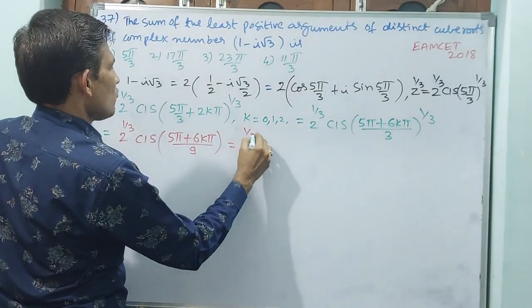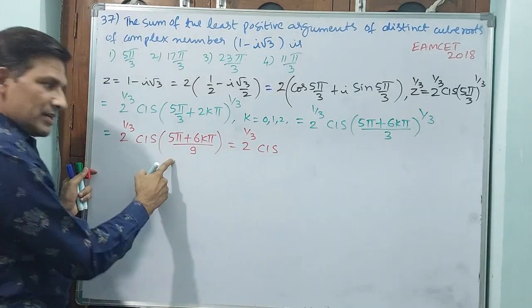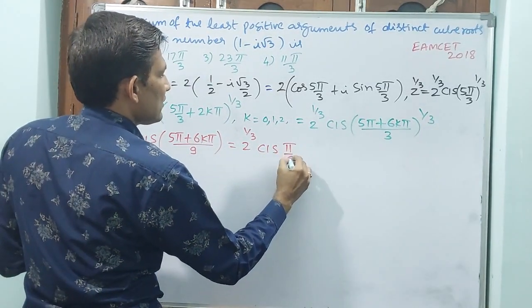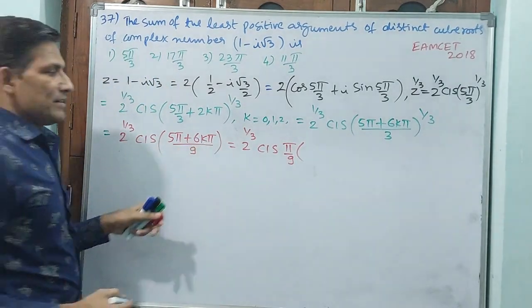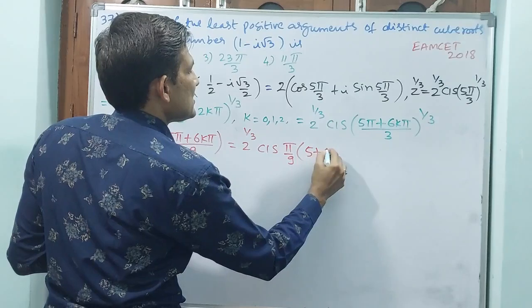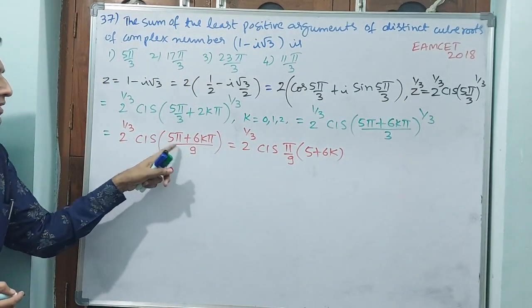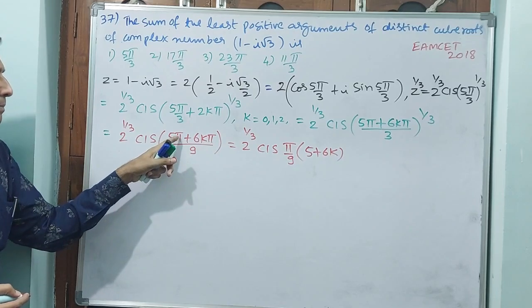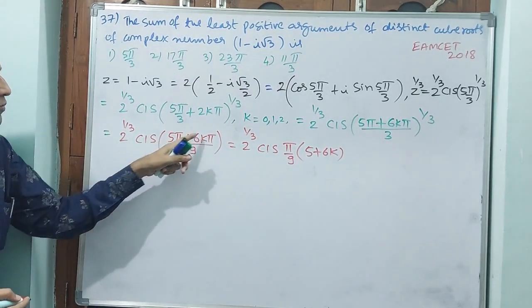I am taking like this, 2 power 1 by 3 CIS pi by 9, shall I take common? Yes, sir. Pi by 9 I am taking common, 5 plus 6k. Is it okay? Pi by 9 I have taken common, 5 plus 6k is there.